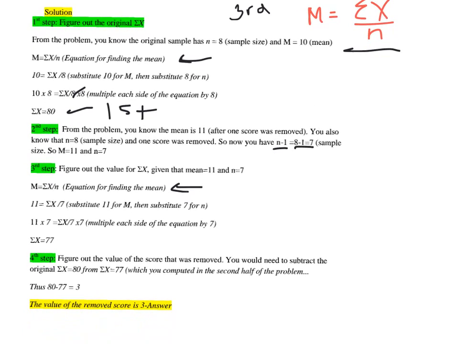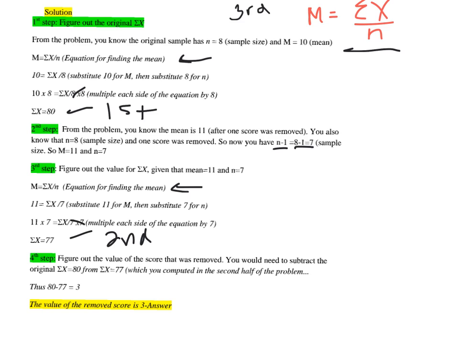We're doing that so we can get rid of the denominator and isolate the sum of x. So we have the sum of x equals 77. So the second part of this particular problem is completed.